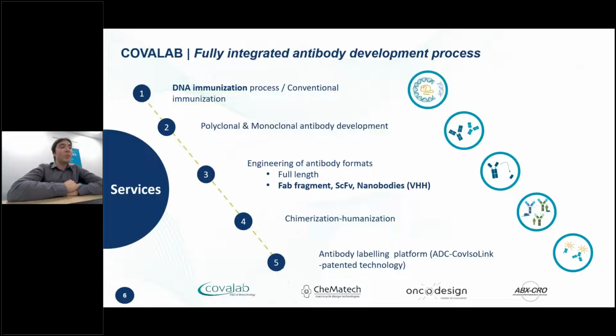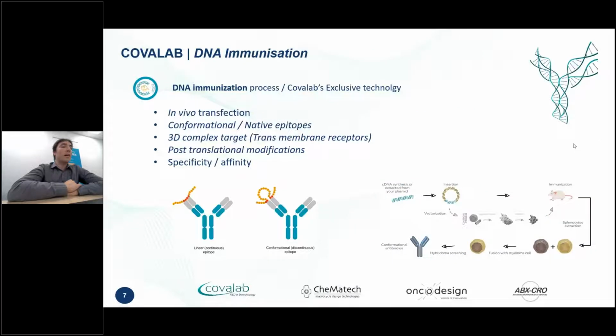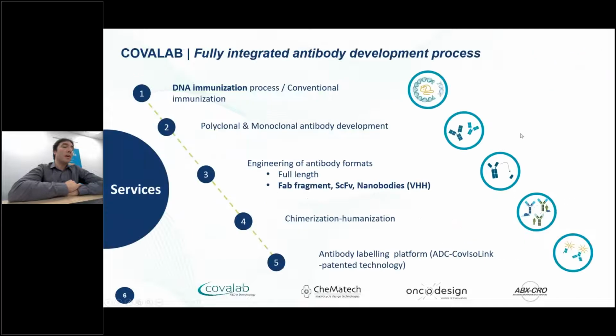For the next step, we can engineer these antibodies as full length, but also as fragments such as Fab fragments, scFv, and nanobodies, also known as VHH. Just going back, please. We can also work on chimerization and humanized antibodies. And last but not least, we can also perform the bioconjugation process through our COV-ISOLink technology.